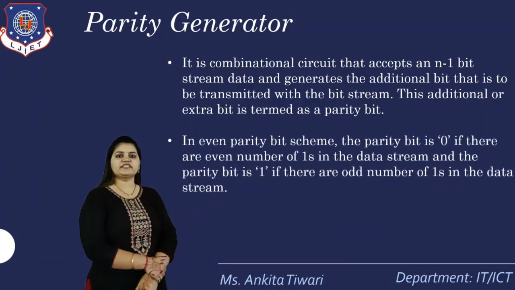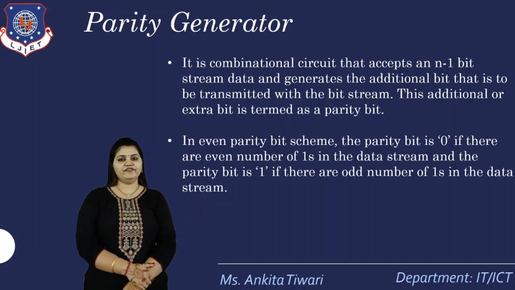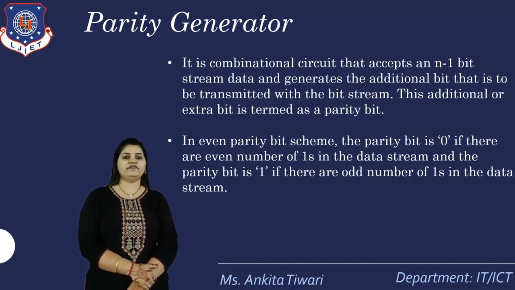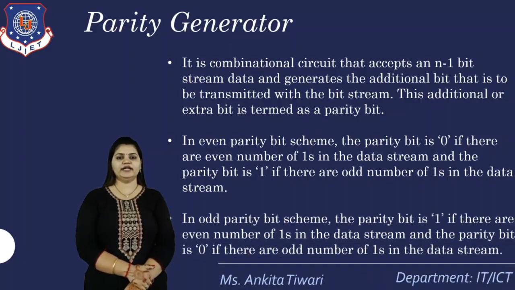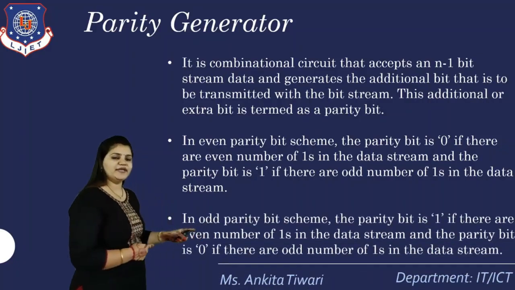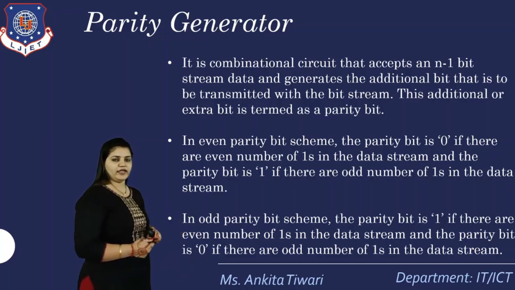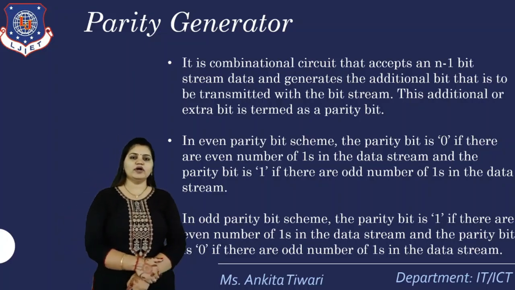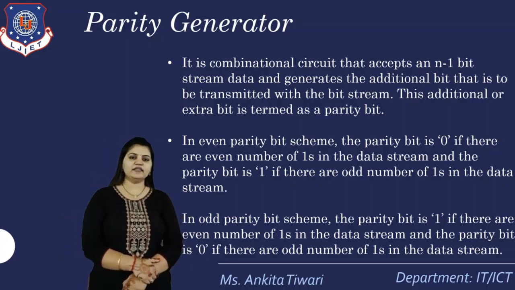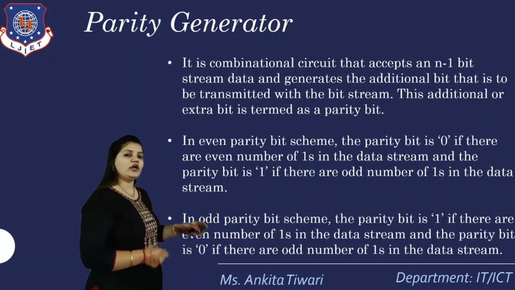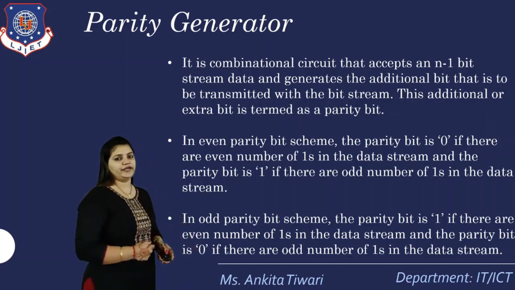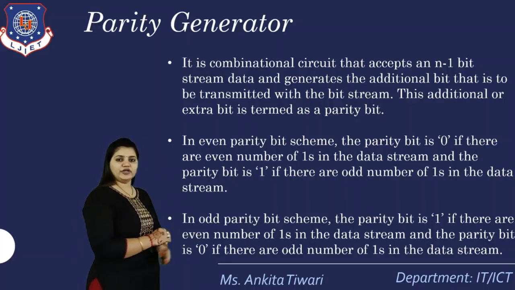In the even parity scheme, the parity bit is 0 if there is an even number of ones in the data stream, and the parity bit is 1 if there is an odd number of ones in the data stream. In the odd parity scheme, the parity bit is 1 if there is an even number of ones in the data stream, and the parity bit is 0 if there is an odd number of ones in the data stream. So this is what a parity generator is.